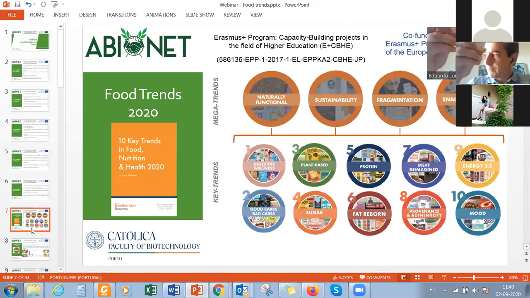So the trends for 2020, maybe with this pandemic, those trends are no longer so significant. I don't know, but we can roughly look at them to see another approach that has been prepared by New Nutrition, this business.